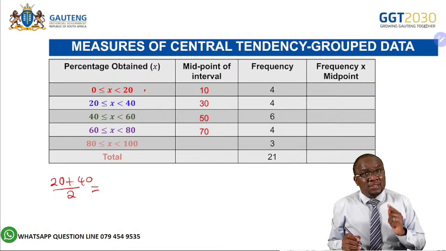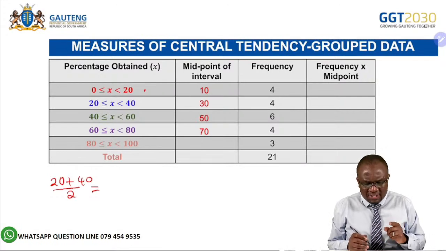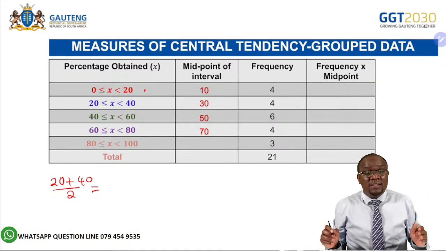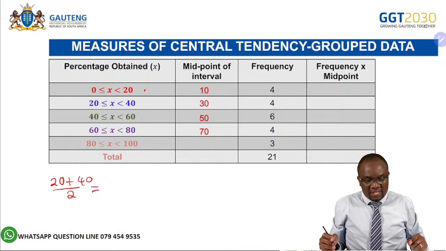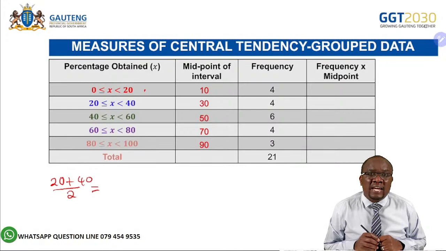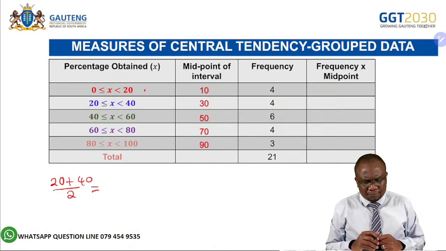Three learners got 90, which is the midpoint of this class, 80 to 100. You say 80 plus 100 is 180 divided by 2, you get 90. So we're saying these three learners each got 90. That's why we say estimate the mean.